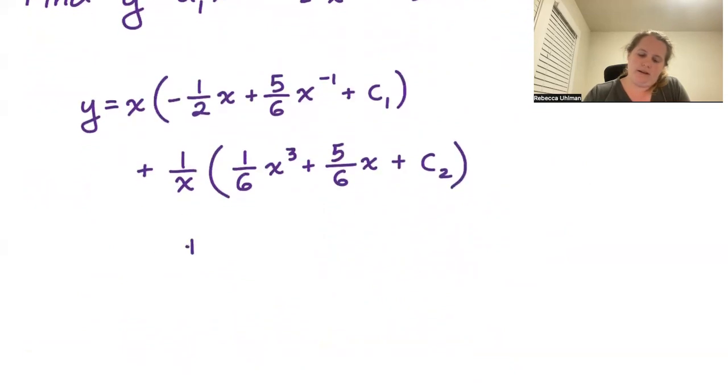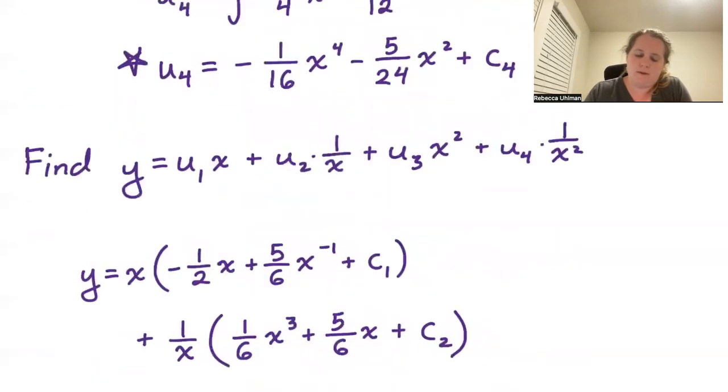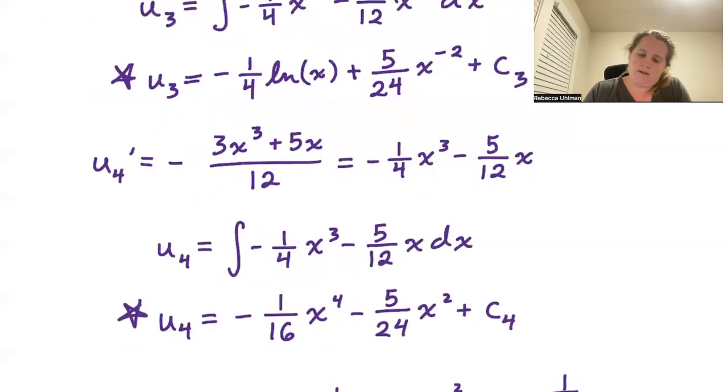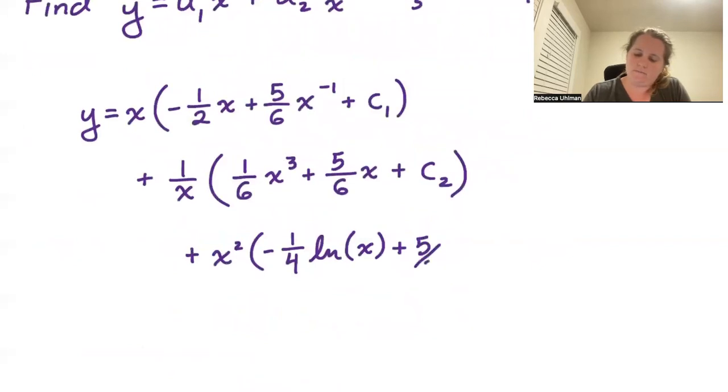That we will add x squared times our u3. u3 was a negative 1/4 natural log x plus 5/24 x to the negative 2 plus c3. So we have a negative 1/4 ln of x plus 5/24 x to the negative 2 plus c3.